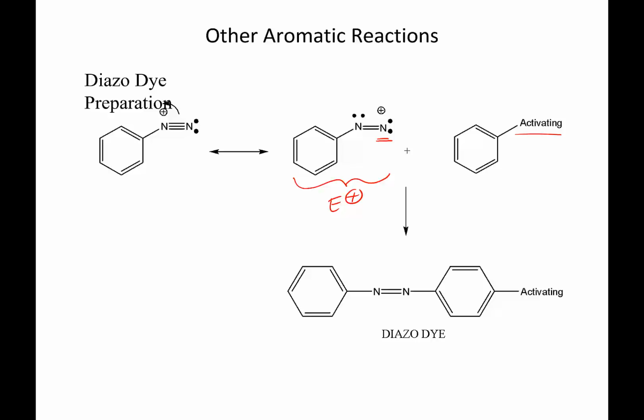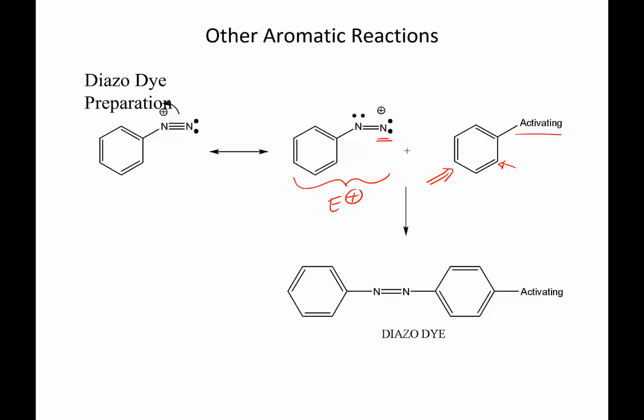And so this is an activated ring. Halogens don't count. This has to be either alkyl group, ring, O, or N. And because of the sterics, adding it ortho to the activated group is going to be pretty small. Most of our group is going to be added to the para position. And when we do that, we end up forming what's called a diazo dye.